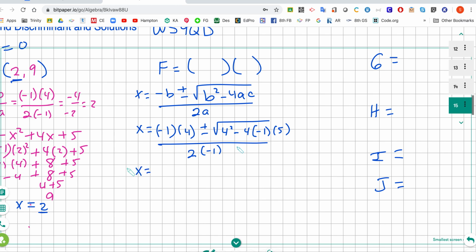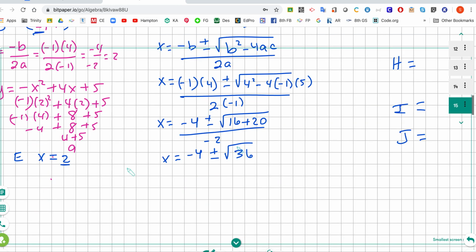X is equal to -4 plus or minus the square root of 16 plus 20 all over -2. X is equal to -4 plus or minus the square root of 36 divided by -2.